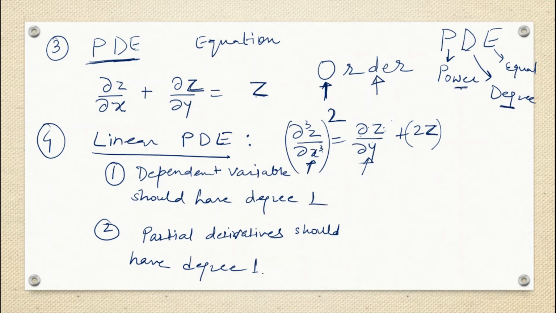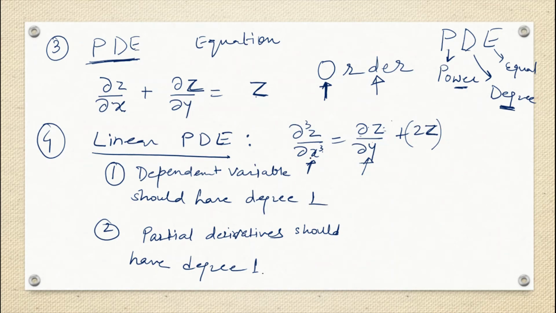Don't check power to check order, which some students have done by mistake. Power is equal to degree. Okay, so this is not my linear partial differential equation. If I make it power 1, then this is a linear partial differential equation.